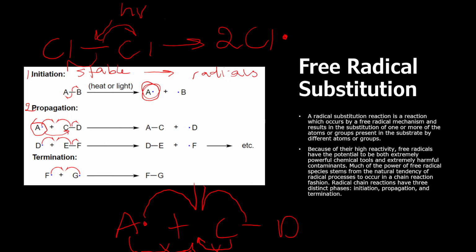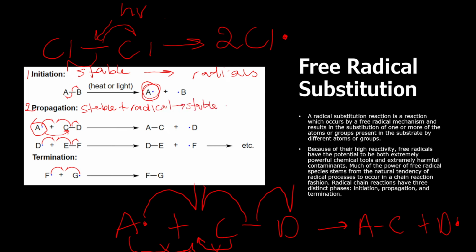And then the last electron within this bond goes to D. Here we can see that A and C are now joined up, and we have a D radical. So in propagation, we have a stable species plus a radical giving a stable species and a radical.